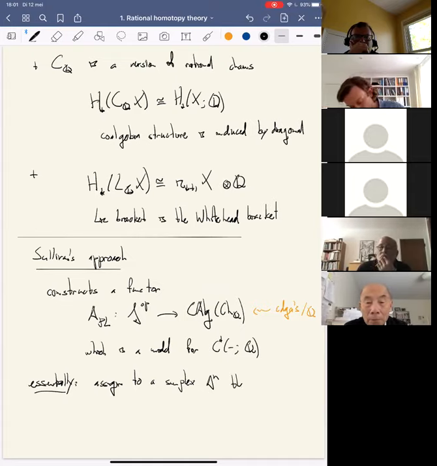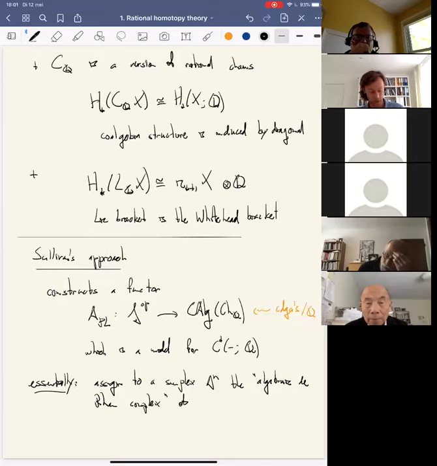So what he does is he assigns the algebraic de Rham complex of, well, I think people like to call this the algebraic simplex. So what you do is you take the hyperplane inside n+1 dimensional affine space defined by the equation that the sum of the xi's should be 1.